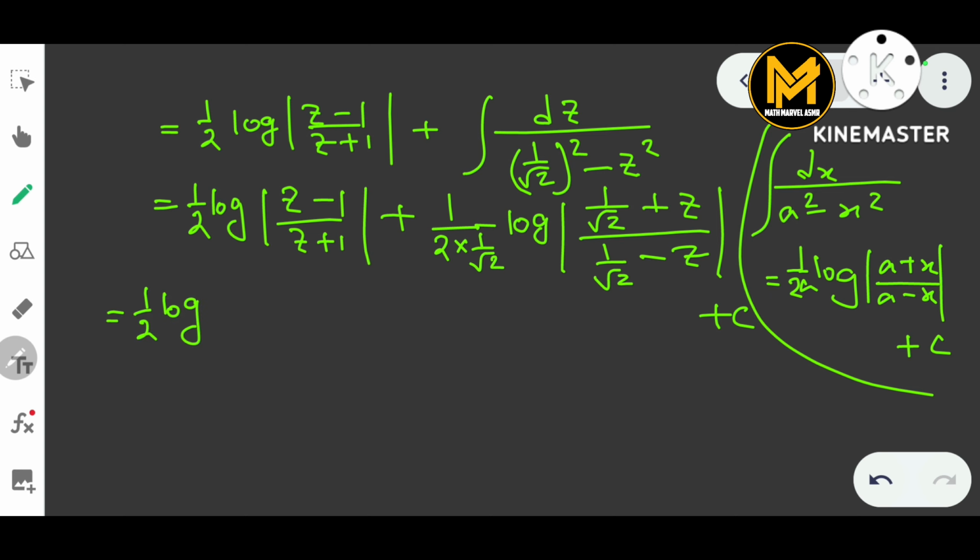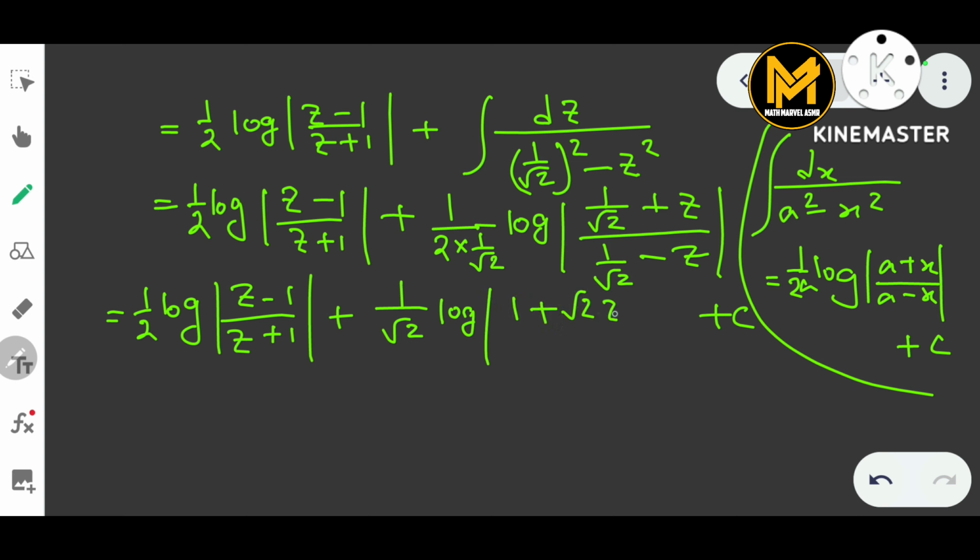Now half of log mod z minus 1 by z plus 1 plus of root 2, no problem, this will be 1 by root 2 log mod 1 plus root 2z divided by 1 minus root 2z plus c.